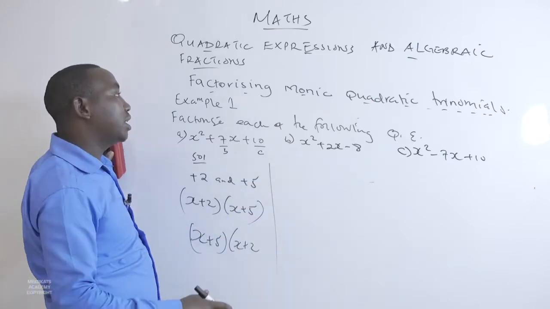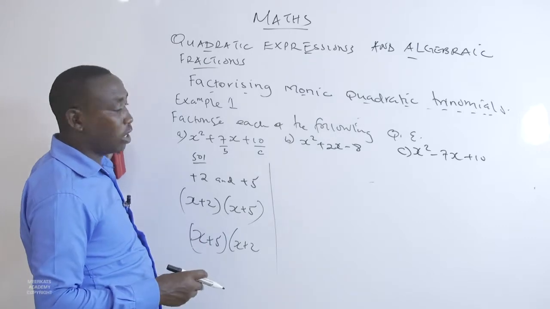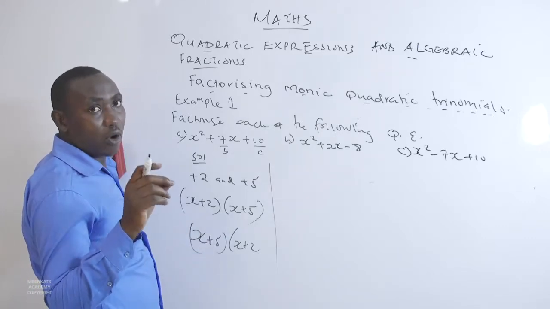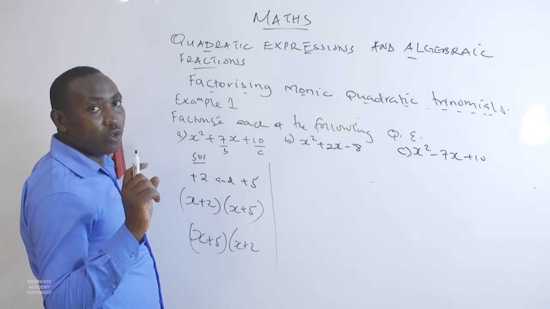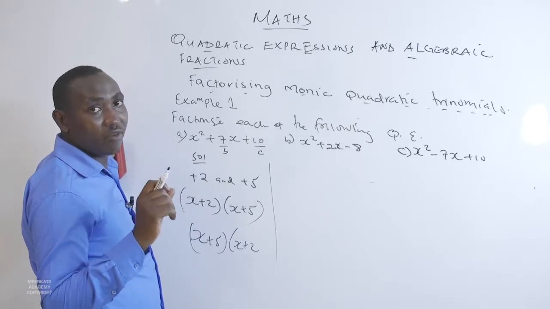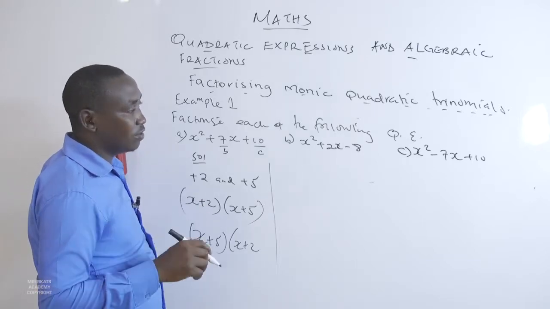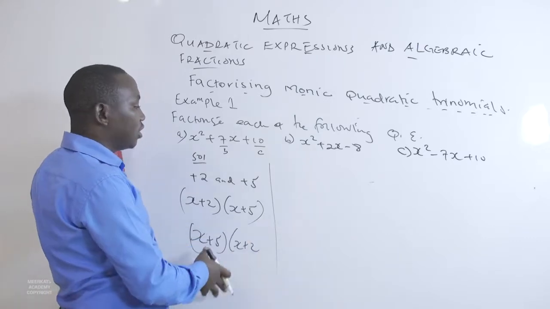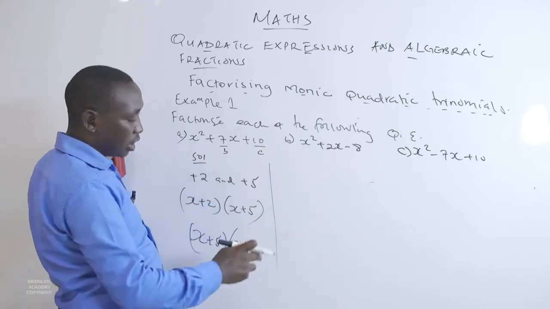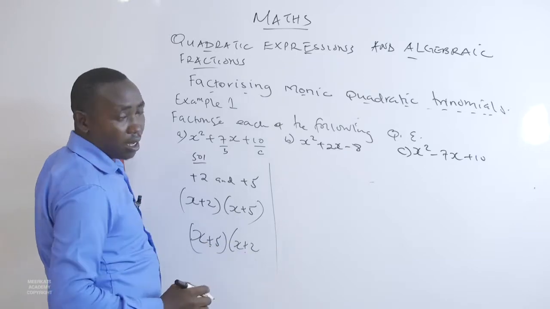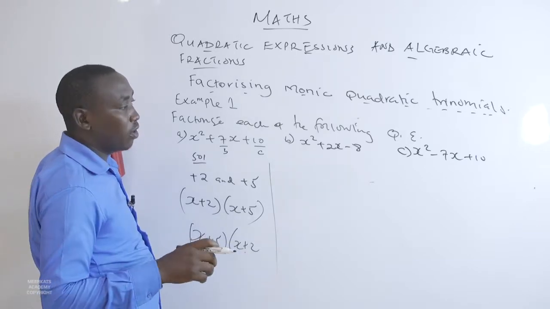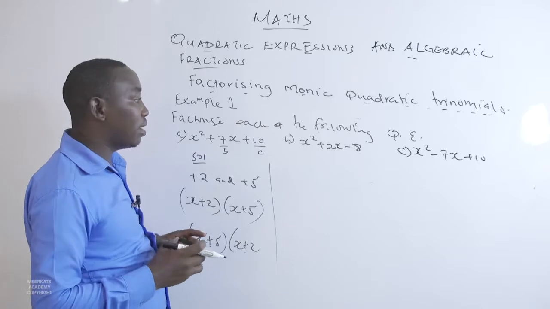The most critical step for monic quadratic trinomials is to identify the two factors which when multiplied give you c and when added give you b. As you can see, our c was positive, so the signs inside the brackets remain the same.